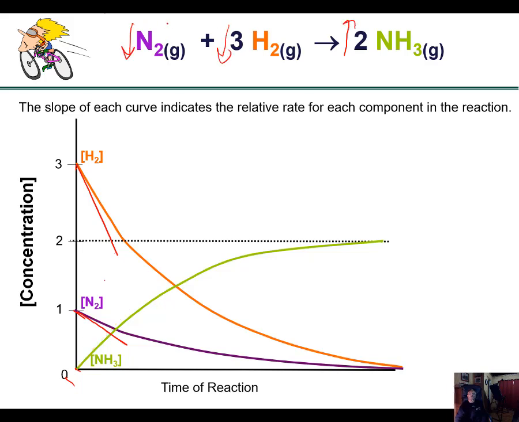So these will all have negative slopes on the graph, and we'll have a positive slope for ammonia. But these tangents to the curve, and somehow I just lost my tangent for ammonia, and ammonia is about twice the positive slope as that of the negative slope of nitrogen, and so on.